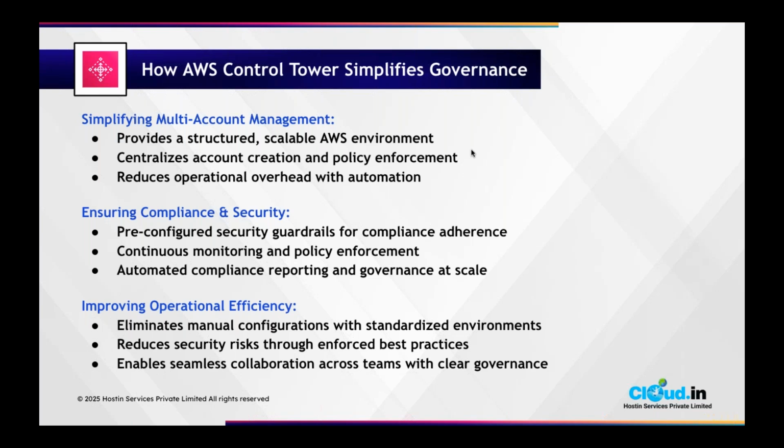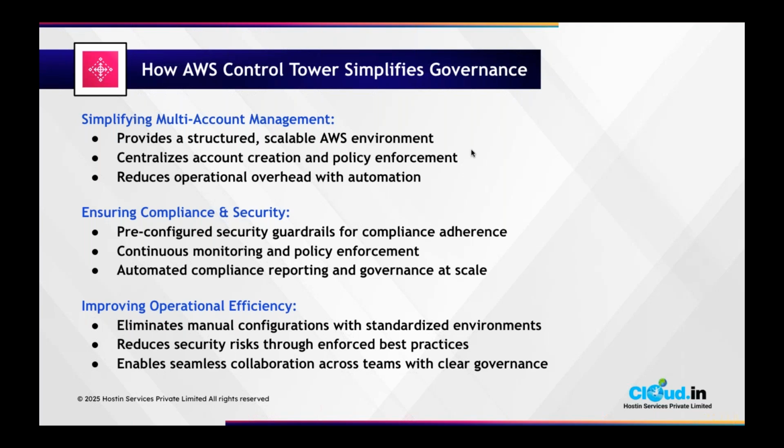Secondly, it also centralizes account creation and policy enforcement. When a new account is needed, Control Tower automatically provisions it with the correct configurations. It already has a predefined configuration list, so you do not need to align all the configurations again.